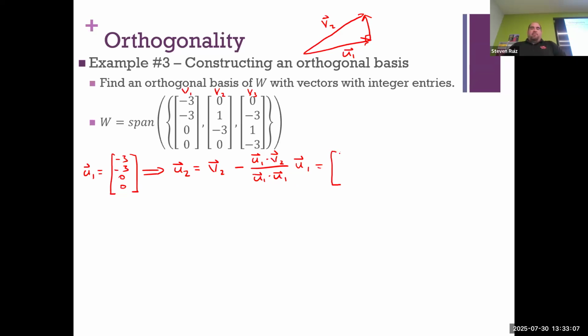So v2, I'll just rewrite 0, 1, -3, 0. And we'll find some dot products. What is u1 dot v2? It's just -3, right? Minus -3 over whatever u1 dot u1 is. 18. So plus 3/18 of -3, -3, 0, 0.